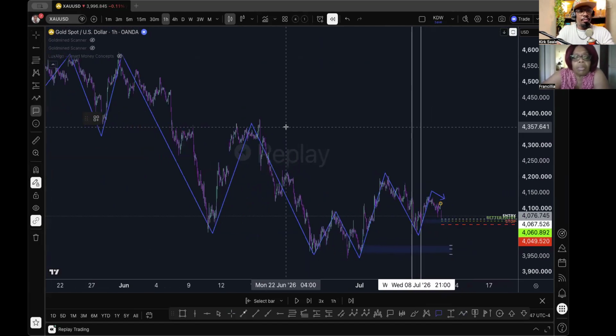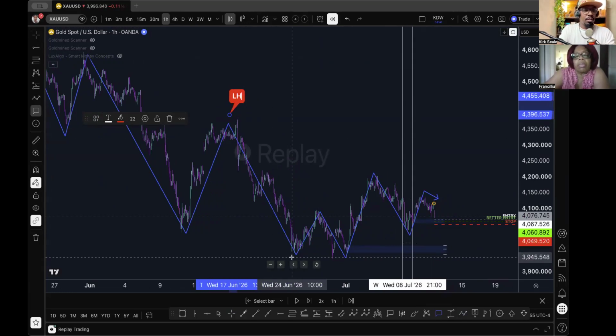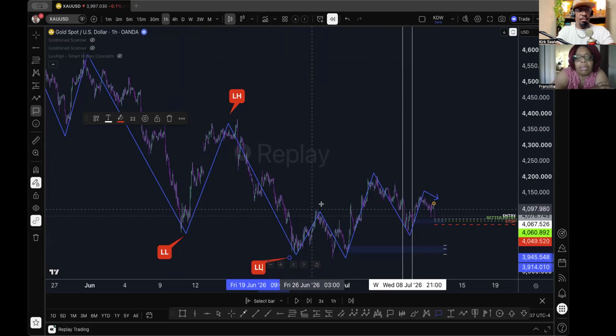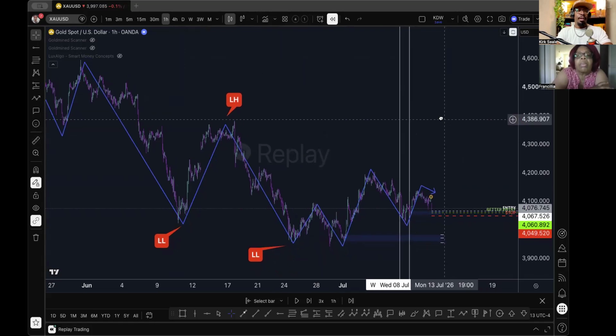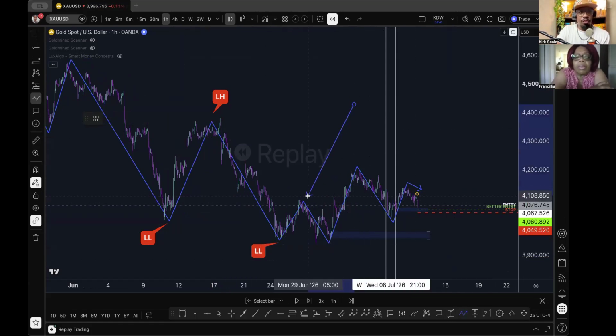So based on this 1 hour time frame, this right here is a lower high. This is a lower low. Oof. This is a lower low as well. I don't want to get too technical, but sometimes with these charts you can see that right here, price did come up.